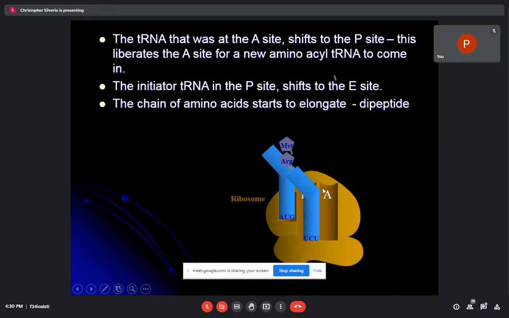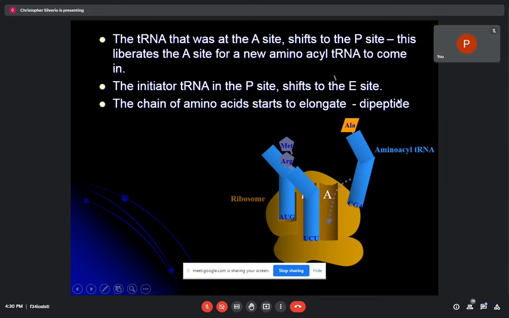It binds into the A site, then transfers to the P site, and then to the exit site. And then what will happen to this transfer RNA?